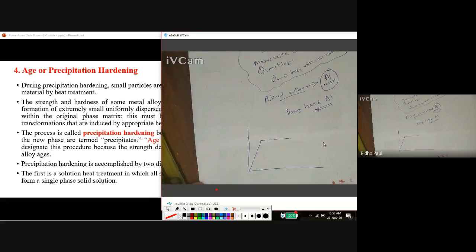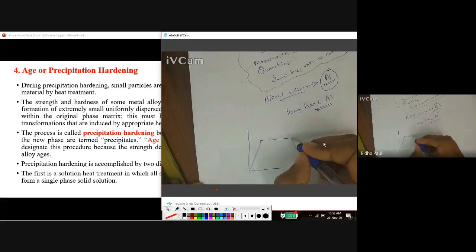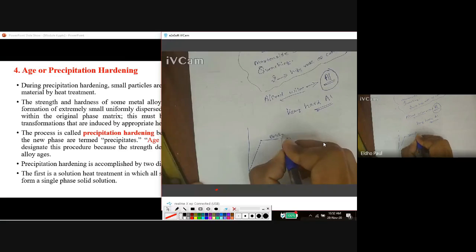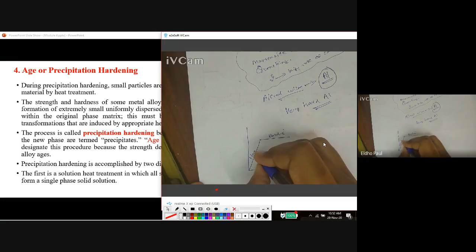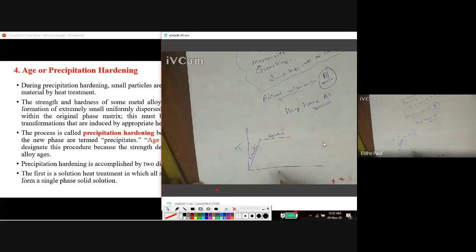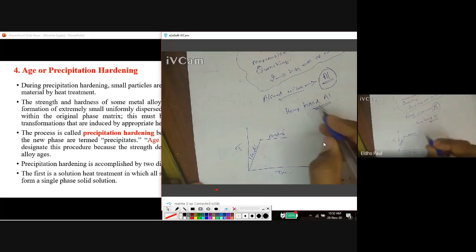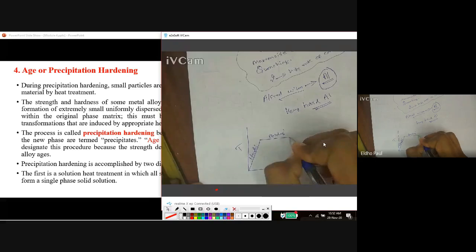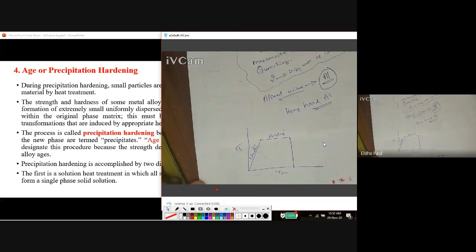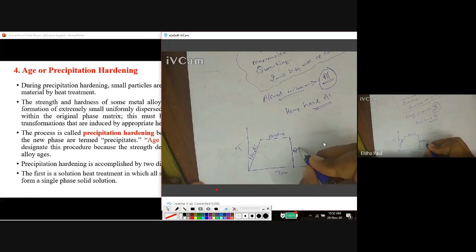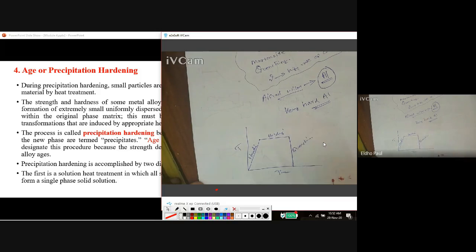So this is heating, this is holding, this is temperature, this is time. Then he rapidly quenches the material, the aluminum material, to room temperature. So this is very rapid cooling or quenching.